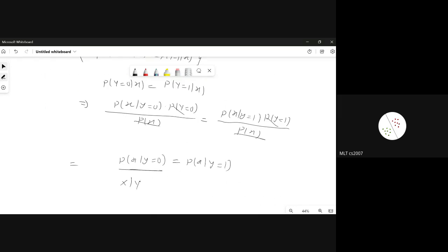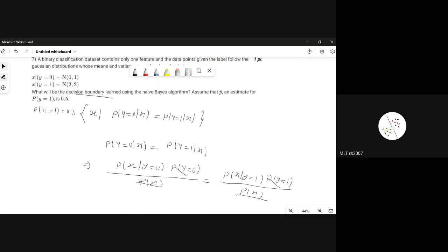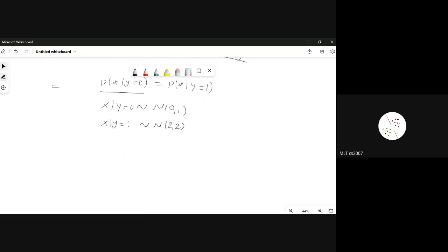We know P(x | y=0) follows a normal distribution with mean 0 and variance 1, and P(x | y=1) follows a normal distribution with mean 2 and variance 2. Whether it is variance or standard deviation, let's solve for this now.